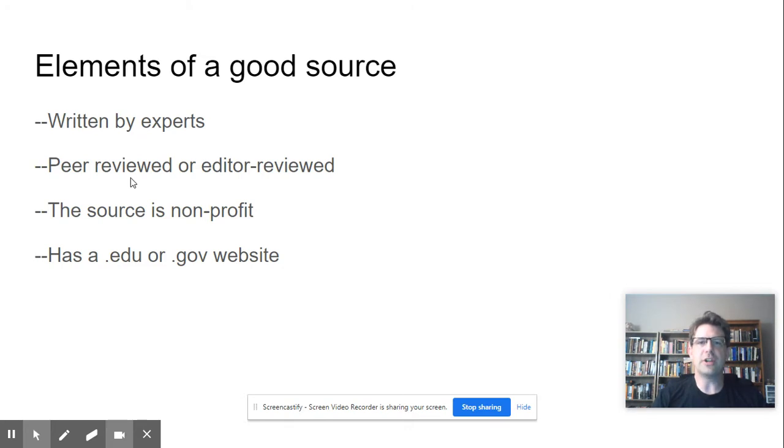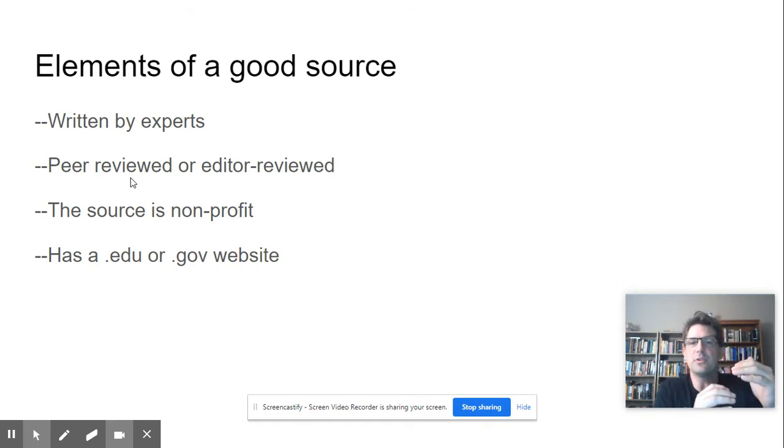Who do I want to check my work? I want other experts, peers. I'm an expert in aeronautics, and I want other people who know about how airplanes work. I want them to look at my paper and tell us whether or not it's a good enough paper to be published. That's what a peer-reviewed source is.